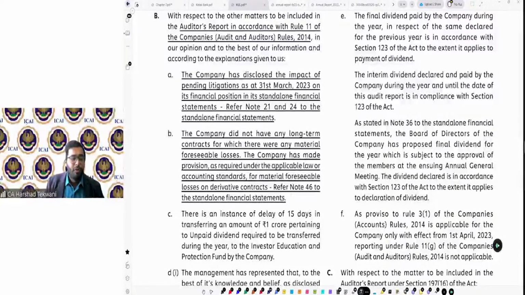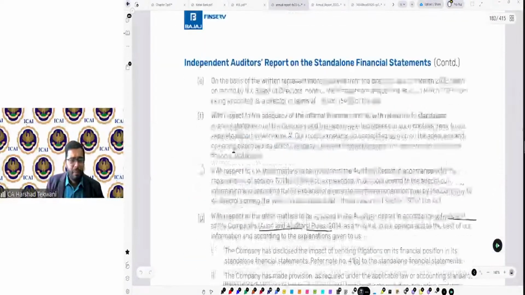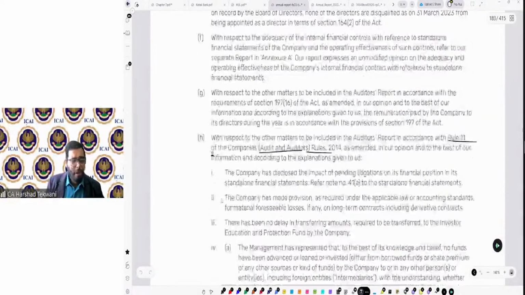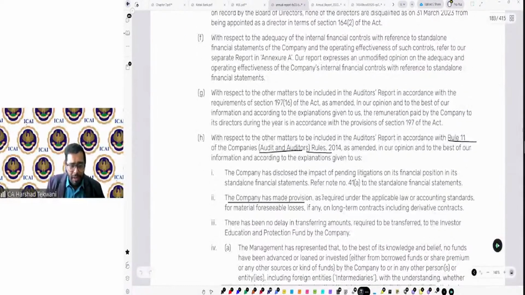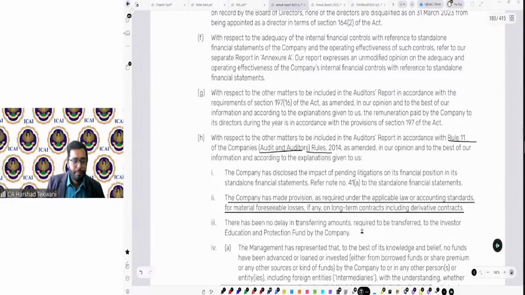Refer note 46 to the standalone financial statement, if there is any. But in case that is not applicable, it is usually written that there is no such requirement or no such losses. So the company has made provision as required under the applicable laws or accounting standards for material foreseeable losses, if any, on long-term contracts, including derivative. So the words "if any" say there is none to report.